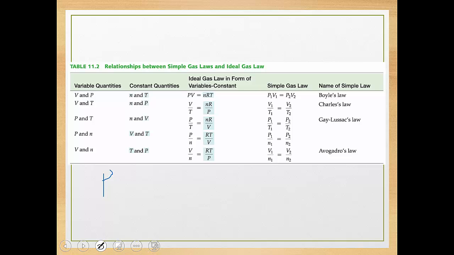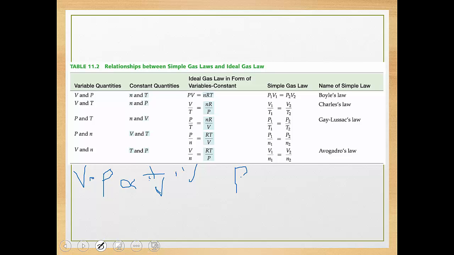Now, again, remember in the other proportionalities, if we had that pressure was inversely related to the volume, so 1 over the volume, when we combine them together, if I multiply both sides by volume here, I get pressure times volume is proportional. So that's where the pressure times the volume, 1 equals 2, comes from in that case.